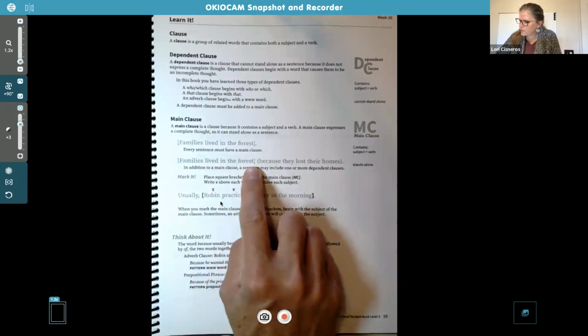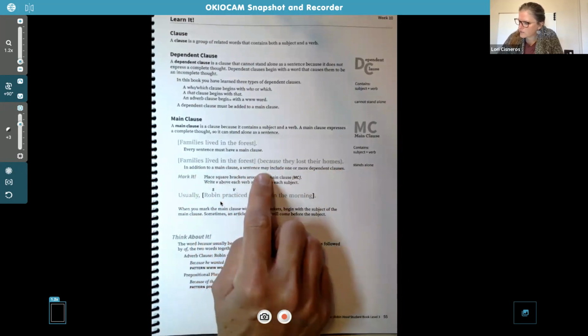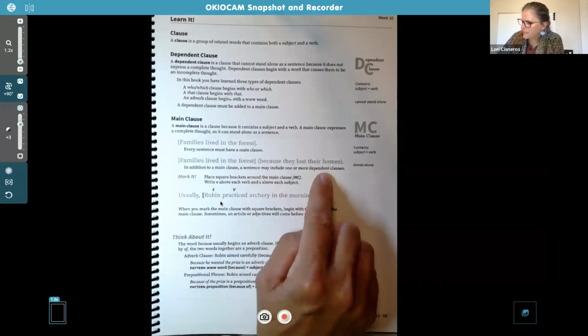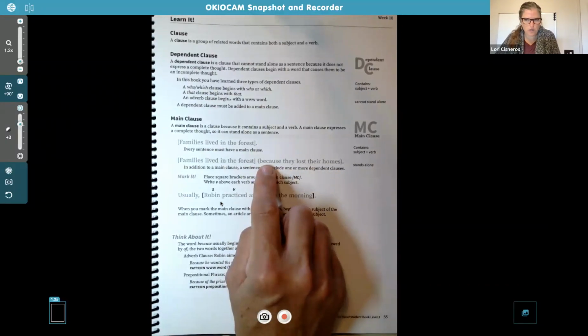Families lived in the forest because they lost their homes. In addition to a main clause, a sentence may include one or more dependent clauses. This one is a www.asia adverb clause because we have because, and that is the B in that acronym.